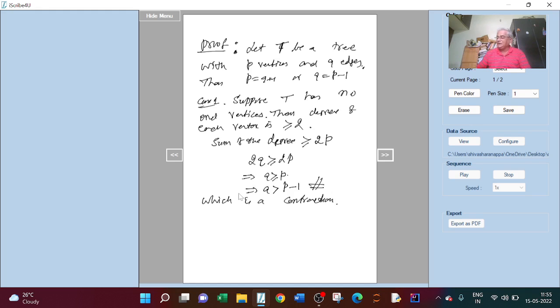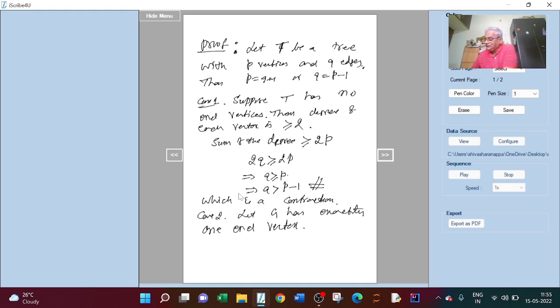Now again we consider another case here. Case 2. Let G have exactly one end vertex. So out of P vertices, one vertex is of degree 1, and the remaining P minus 1 vertices have degree greater than or equal to 2.